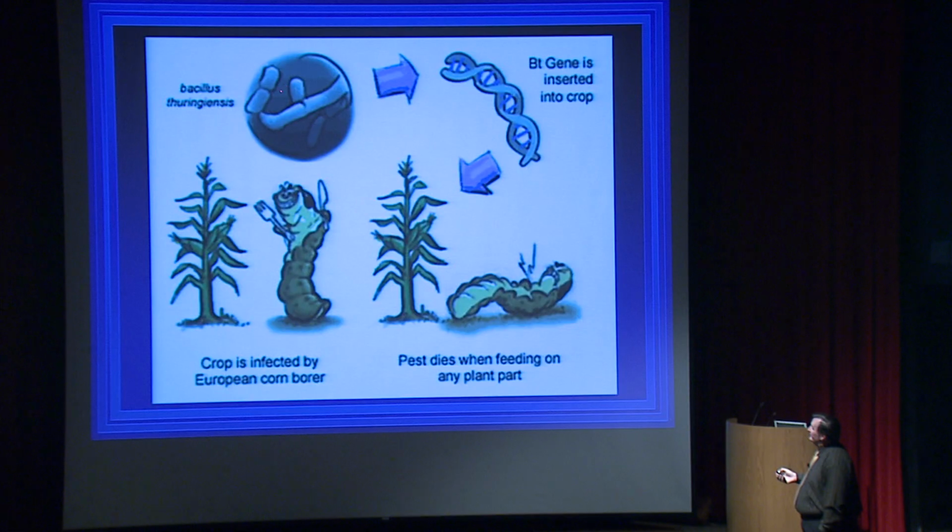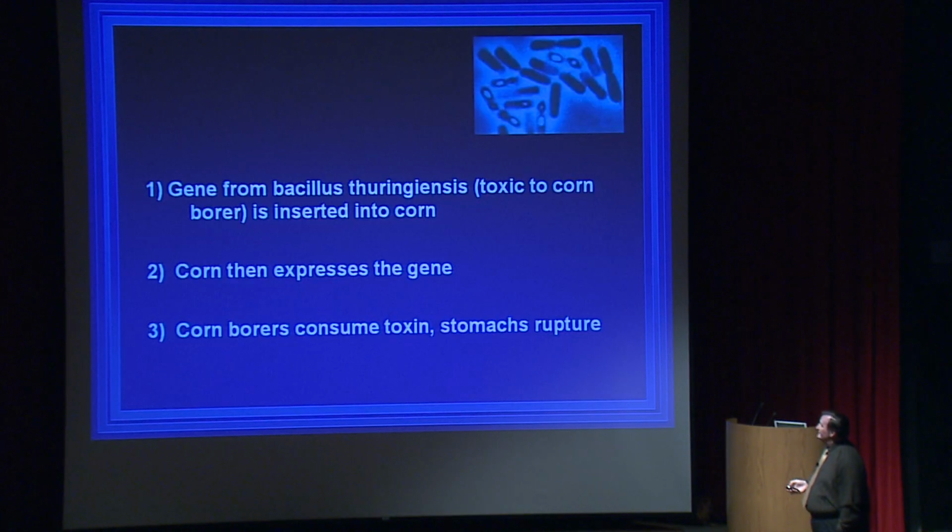That gene, the particular gene from this bacillus, is inserted into the crop, and then the crop develops its own expression of that gene, and then that crop can be bred, and that gene persists in the crop, and when the corn borer eats that particular corn, it dies. And so the gene, again, from this bacillus, which is toxic to the corn borer, is inserted into the corn, which then expresses the gene, and the corn borers consume the toxin, their stomachs rupture, and they die.